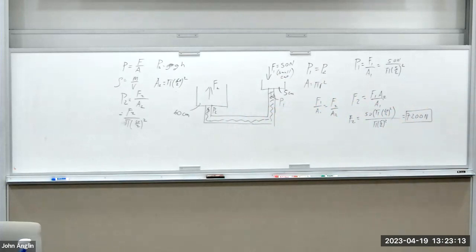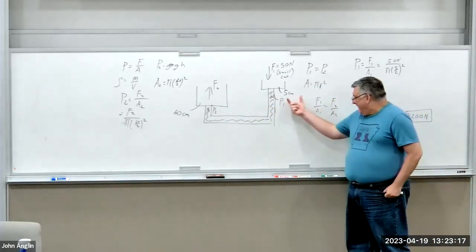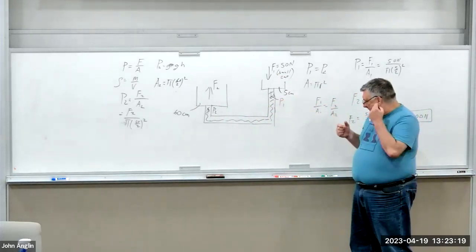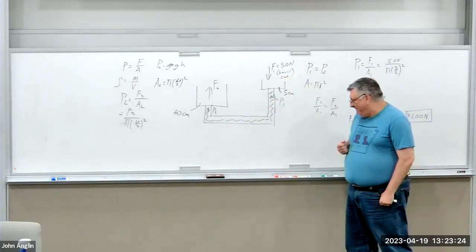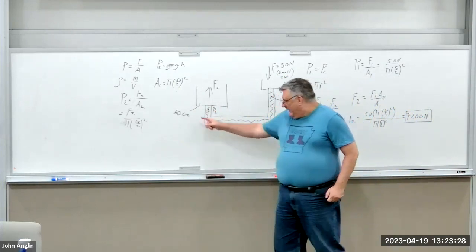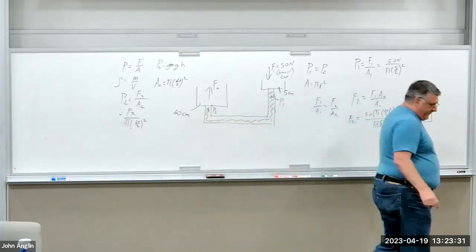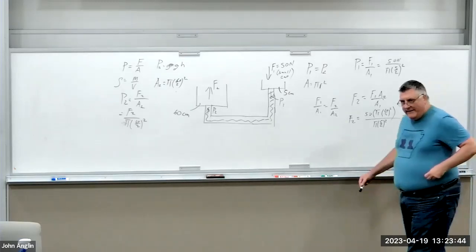So what we're saying is that if we have a 5-centimeter diameter platform and we put a 5-pound cat on top of it, and we connect to a 60-centimeter platform, then our output force, because of hydraulic pressure, works out to be 7,200 newtons. That's about 1,600 pounds. That's a lot.